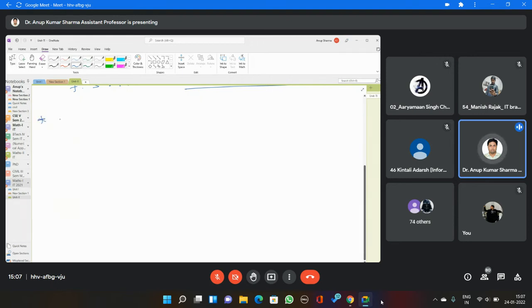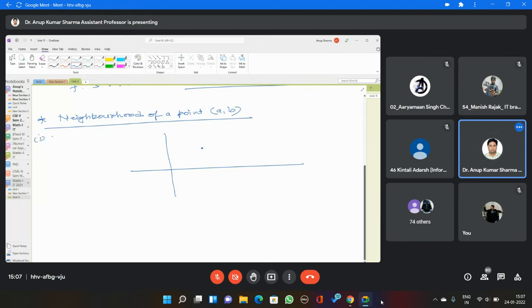So the neighborhood has two types. The neighborhood of a point (a, b). First is the square neighborhood.